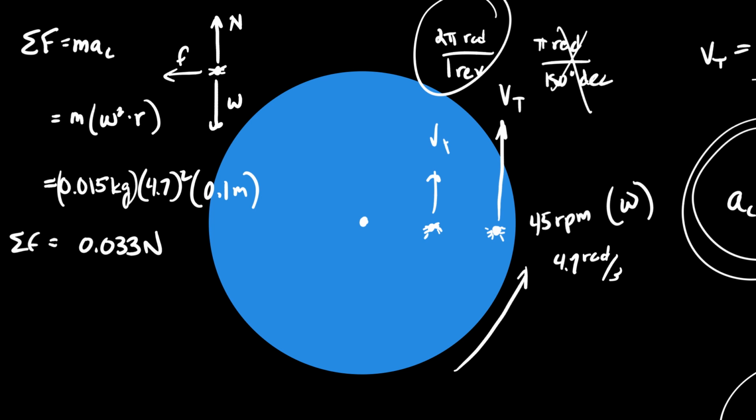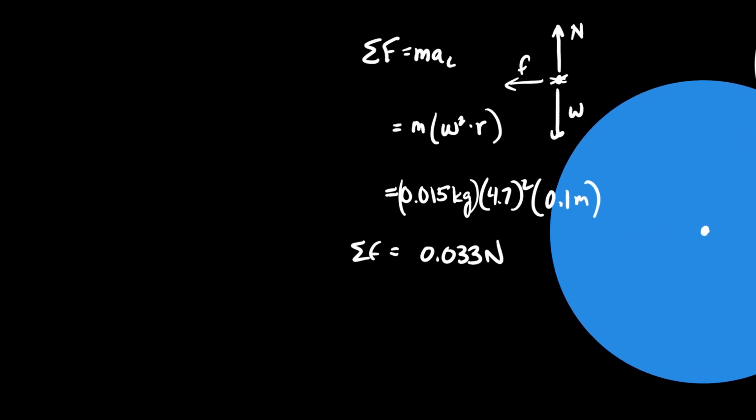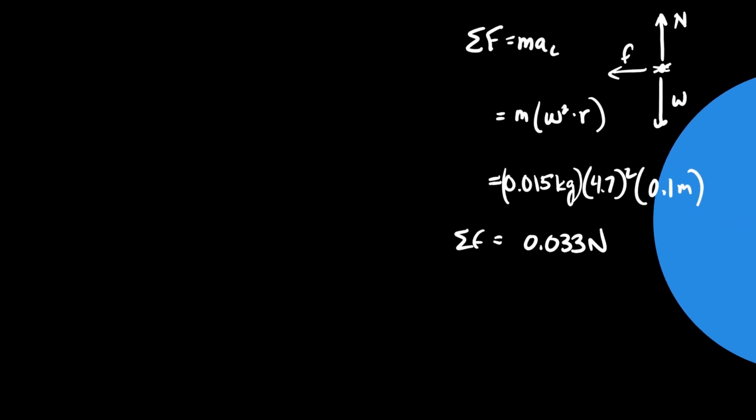Alrighty. What is the minimum coefficient of static friction that will keep the bug on the record? So minimum coefficient of static friction. I'm just going to look at the picture there, and it looks like net force in the x direction equals ma, and net force in the y direction equals 0.